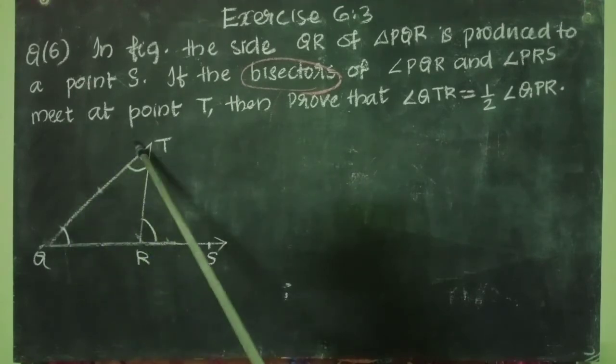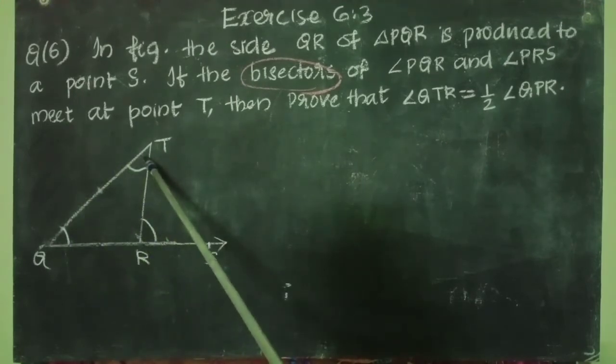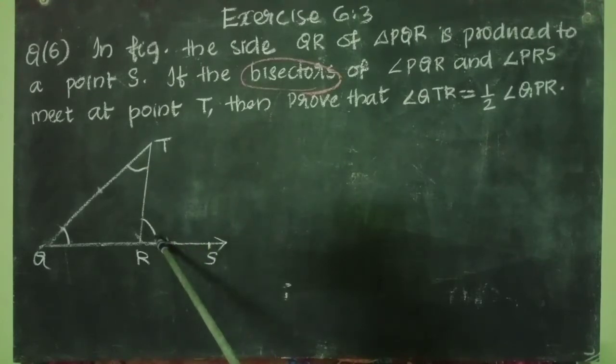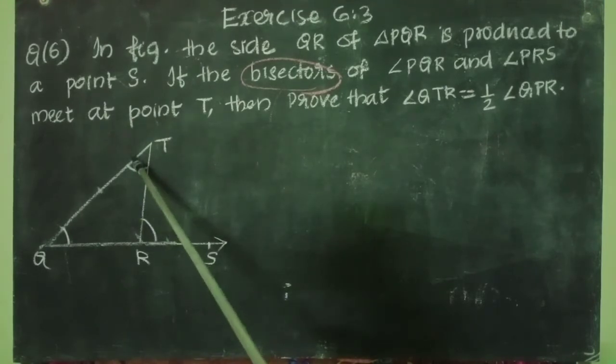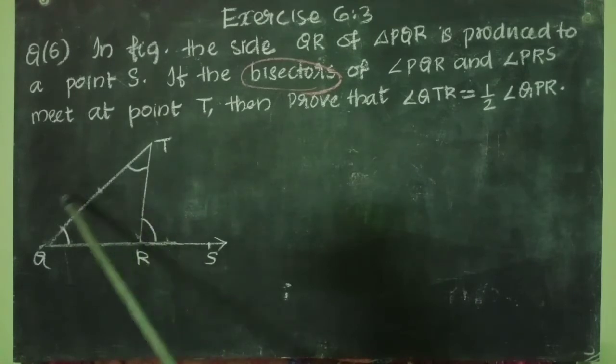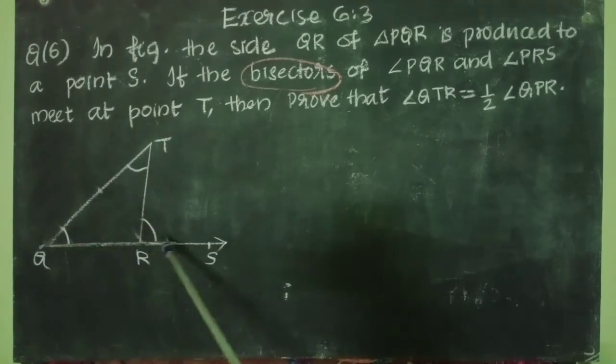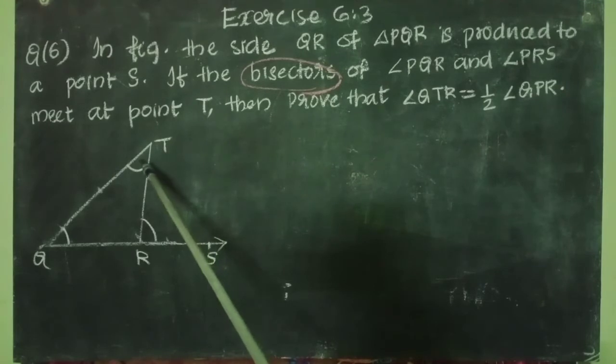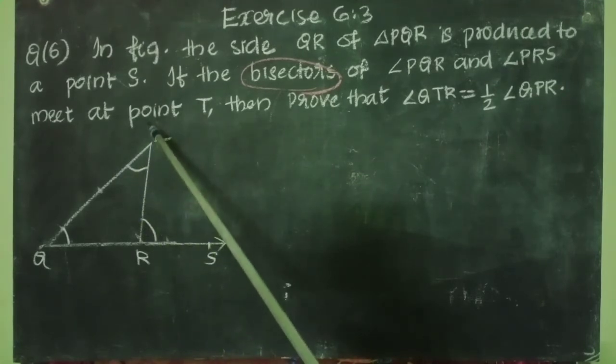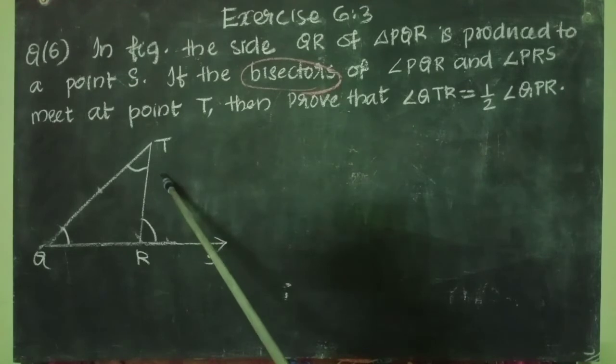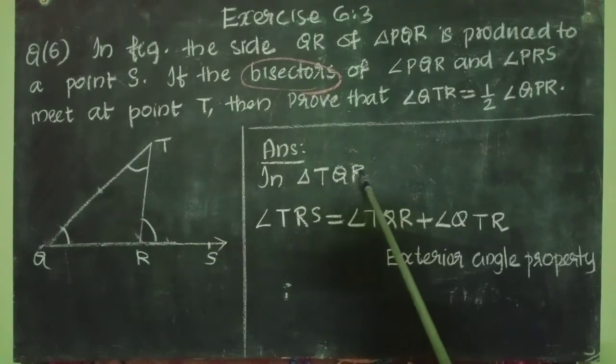Angle Q and angle T are interior opposite angles. While writing, be careful and write the full name of the angles. In triangle TQR, angle TRS equals angle TQR plus angle QTR.